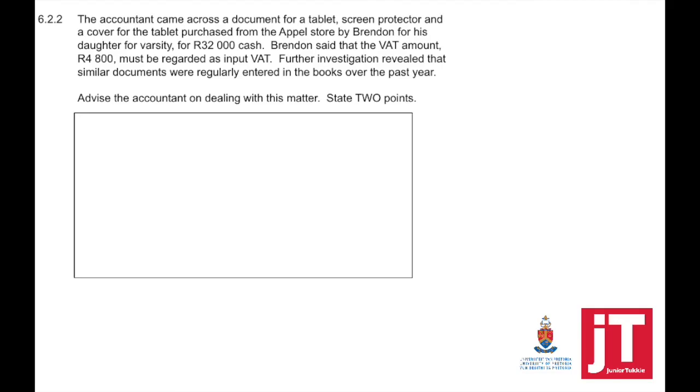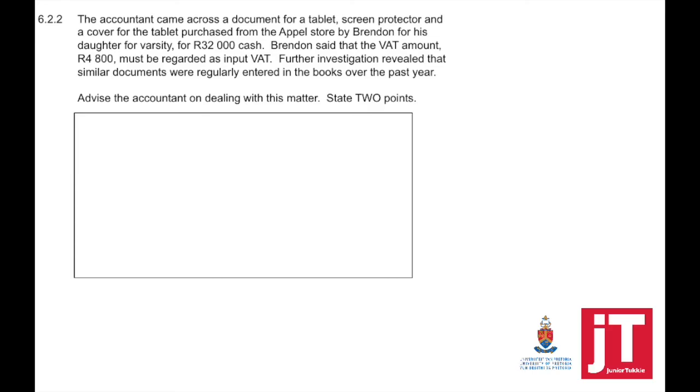Question 6.2.2. The accountant came across a document for a tablet, screen protector, and a cover for the tablet purchased from the Apple Store by Brendan for his daughter for varsity for 32,000 cash. Brendan said that the VAT amount of 4,800 must be regarded as input VAT. Further investigation revealed that similar documents were regularly entered in the books over the past year.